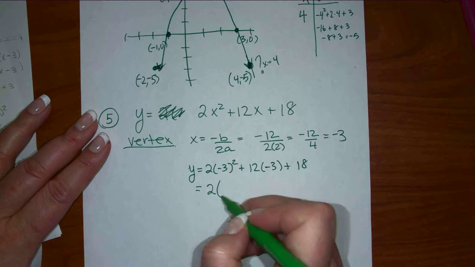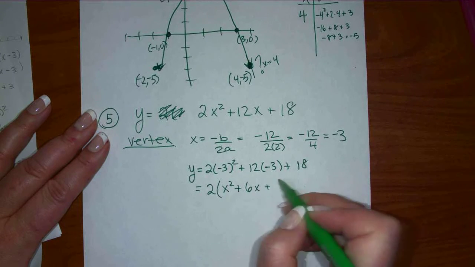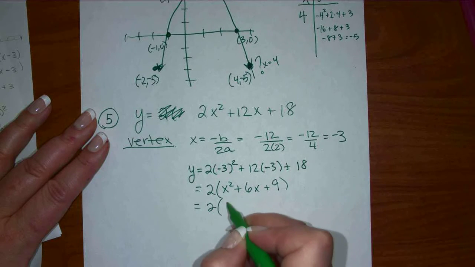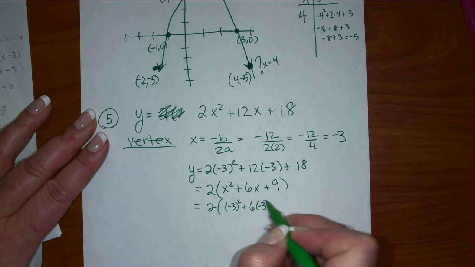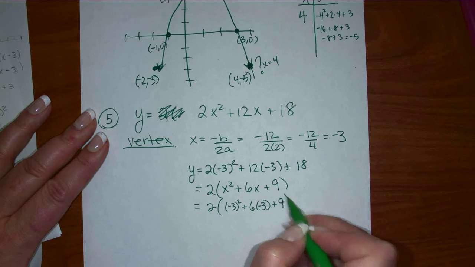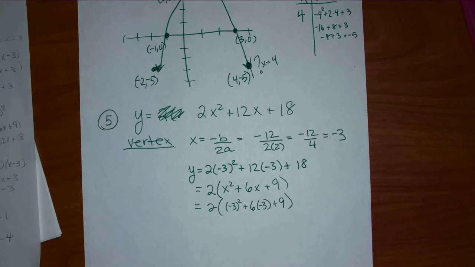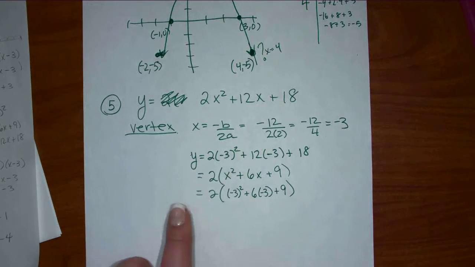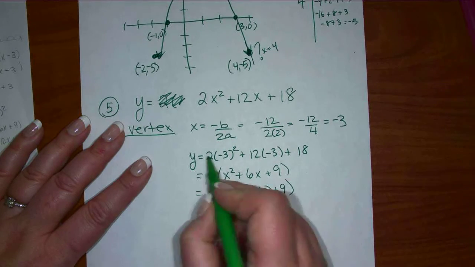So if we brought it outside before we started, then we plug our negative 3 in. We can just multiply the answer by 2 after, and the numbers are smaller as we go through. So if they do have a common factor, you can factor it out and then solve, and that'll make things easier. Or you could just go through and get your answer here.